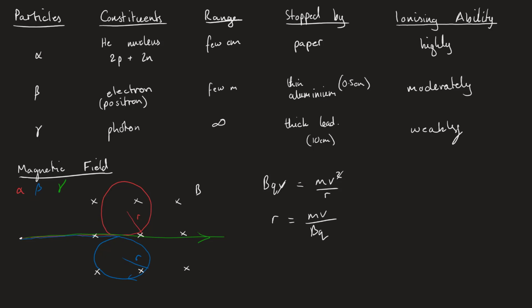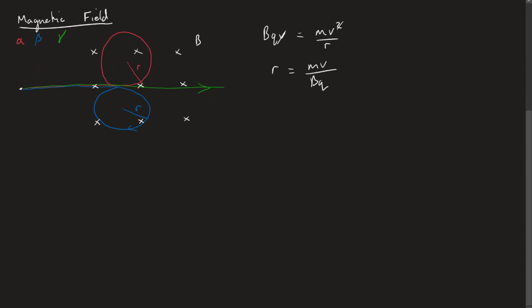How do we actually visualize this though? How could we actually tell? How do we observe the paths of this radiation? Because obviously they're way too small for us to actually detect. And so we have another type of detector called a cloud chamber. Now a cloud chamber uses a different kind of property of the radiation.